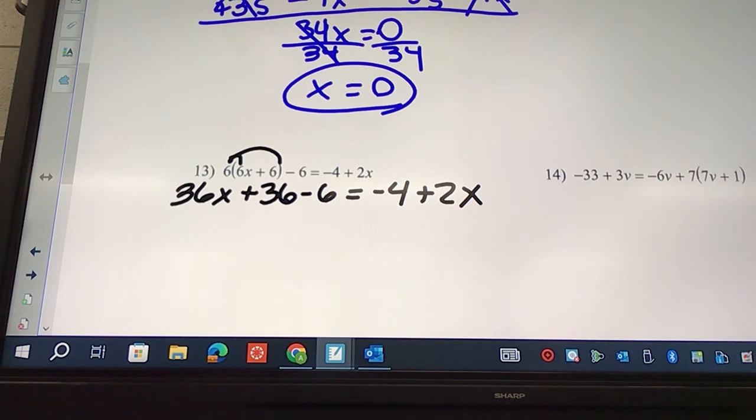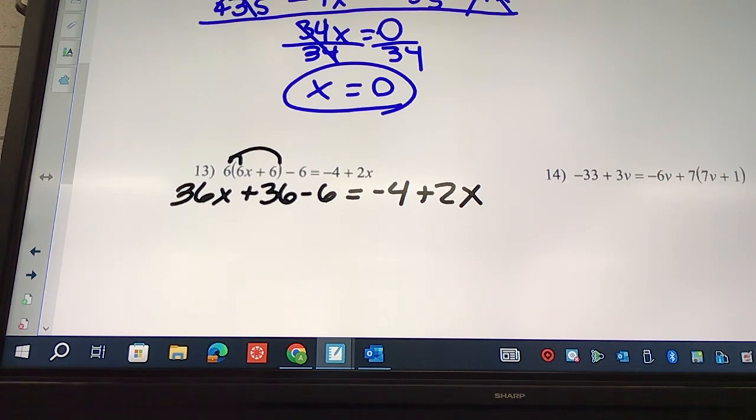Subtracting 36. And subtracting 4. We can't move the 2x first. What needs done? We gotta combine the 36 and 6.